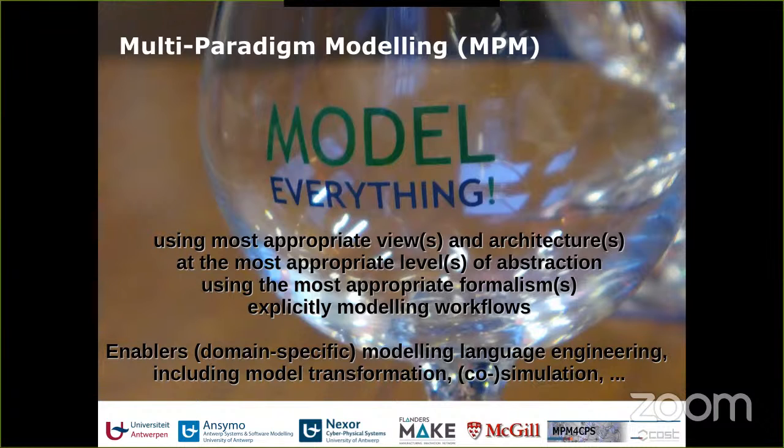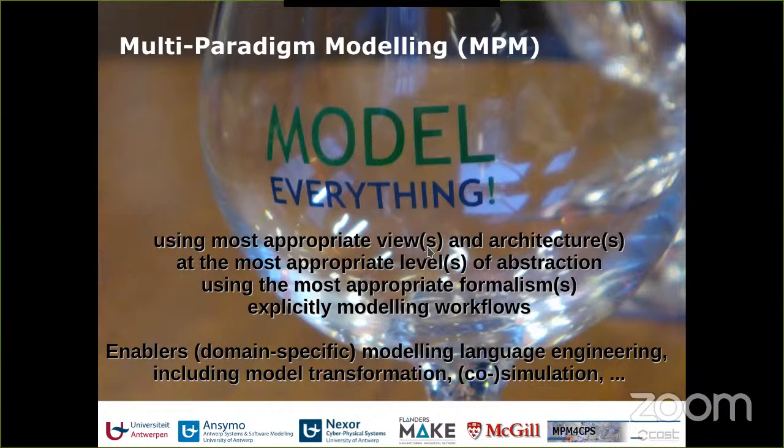You should read this as, whenever I have a problem, I should model each and every aspect of it explicitly. And to go a little bit more in detail, we should model every aspect of the problem at hand using the most appropriate views, because there may be multiple viewpoints, such as, for example, safety, energy use, and so forth.